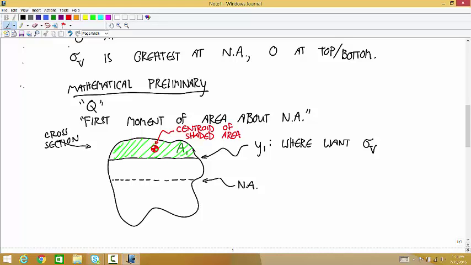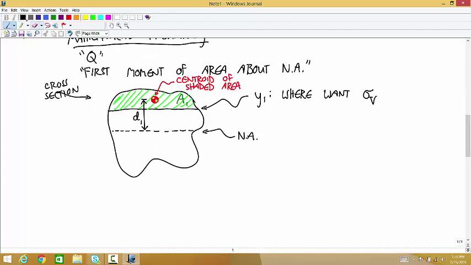And calculate the distance from the neutral axis to this centroid. So I'll call that D1. Then the value of Q is equal to the area of the shaded region times that distance D1.